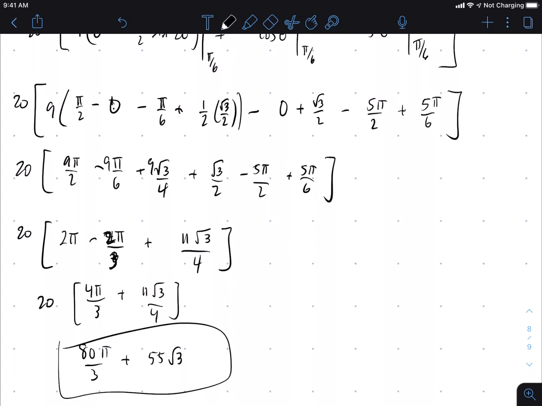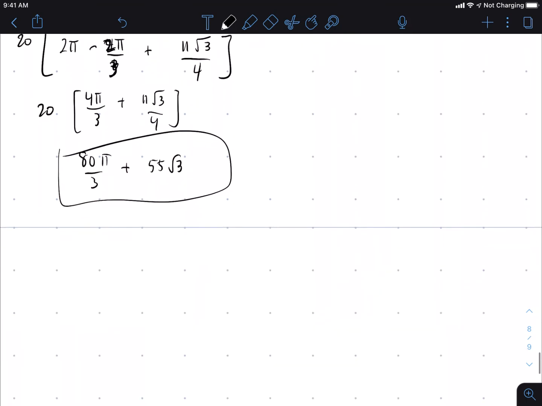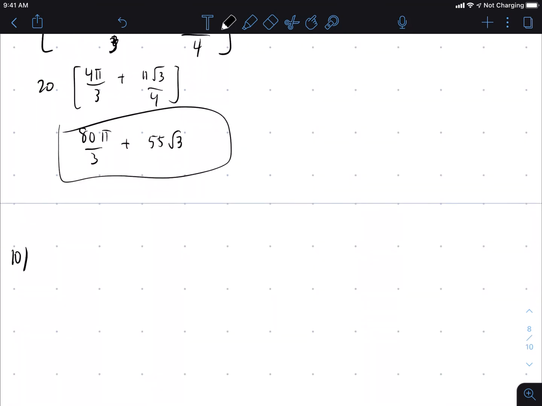Okay, let's do one more and then we'll call it, okay? And this is kind of what your exam is going to look like, so study these problems, okay? This is number 10, right? Yes? Yeah.